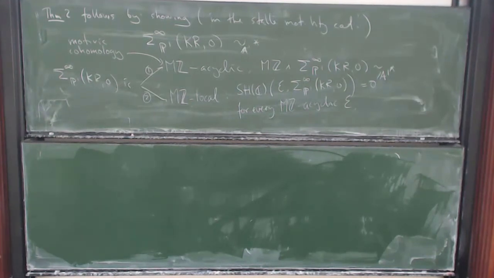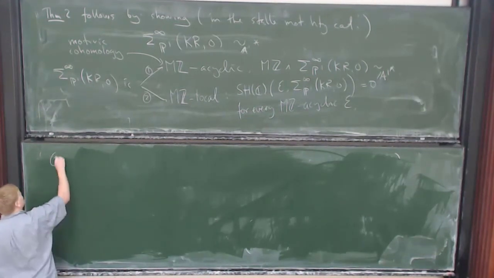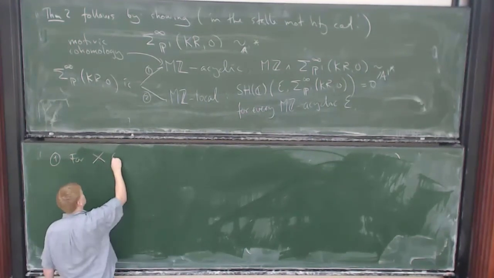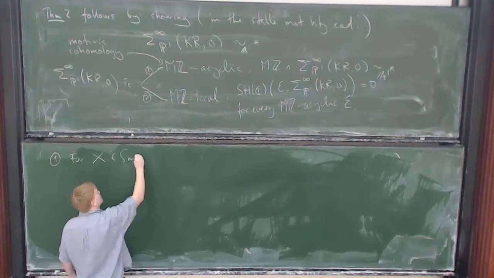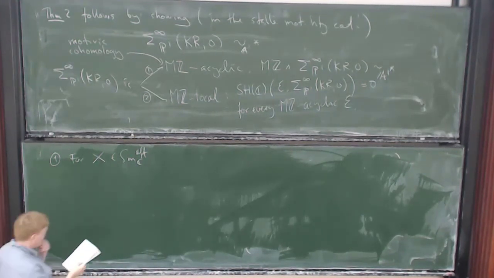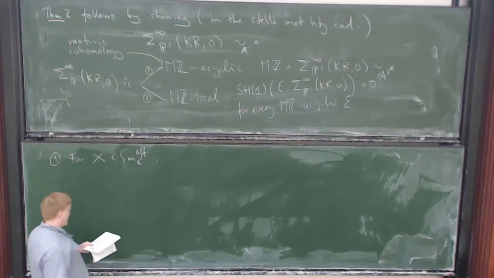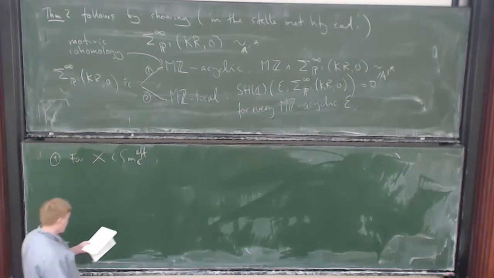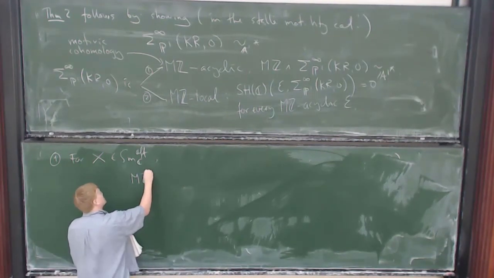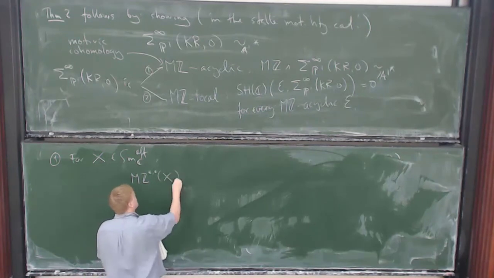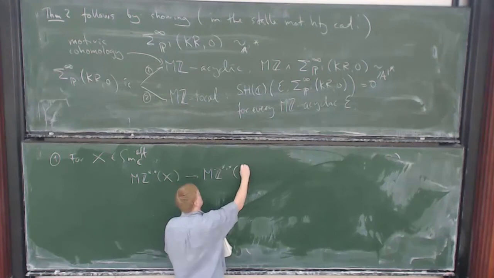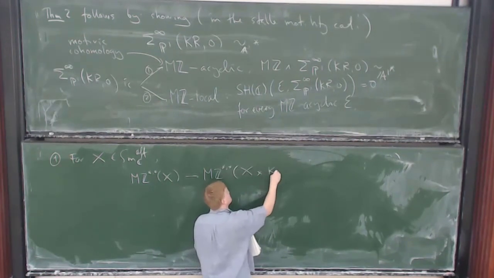So in order to prove 1, we show that for x, say it's a smooth affine complex variety, if you look at the map, we claim there's an isomorphism from the motivic homology of this x into the motivic homology of x cross Kr.